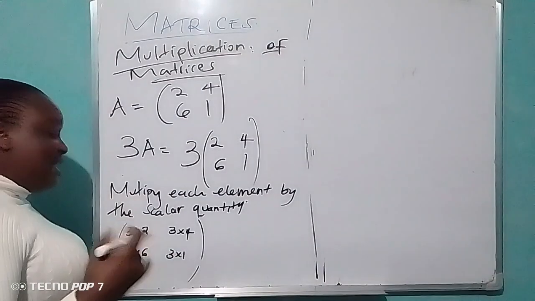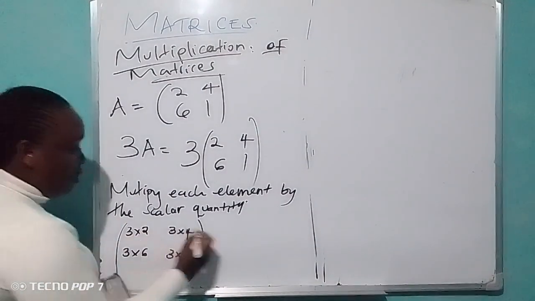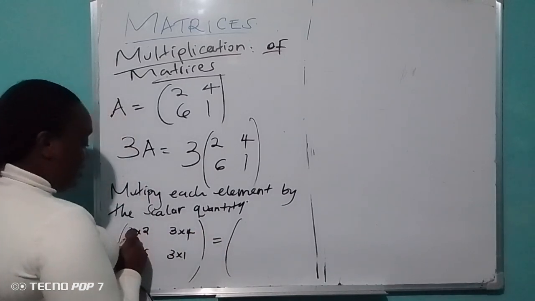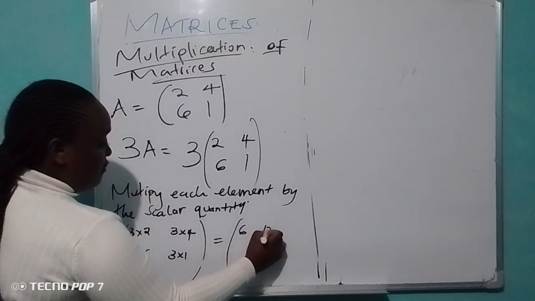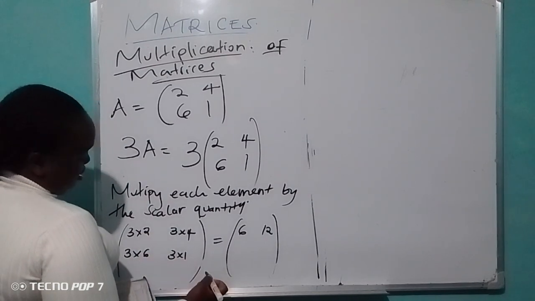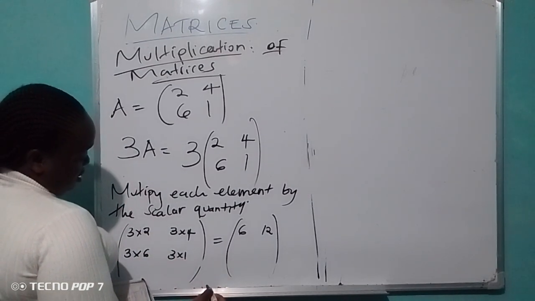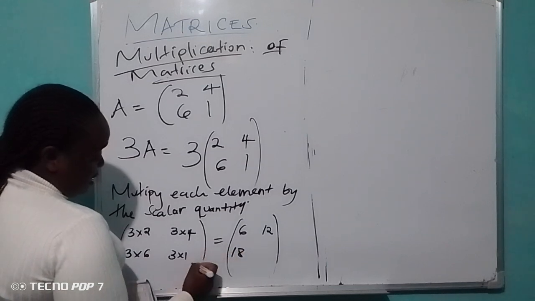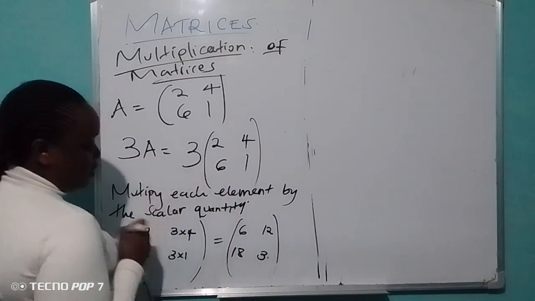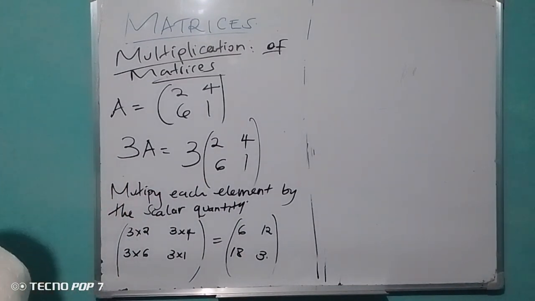You multiply each element by 3. So our answer will be 3 times 2 is 6, 3 times 4 is 12, 3 times 6 is 18, 3 times 1 is 3.